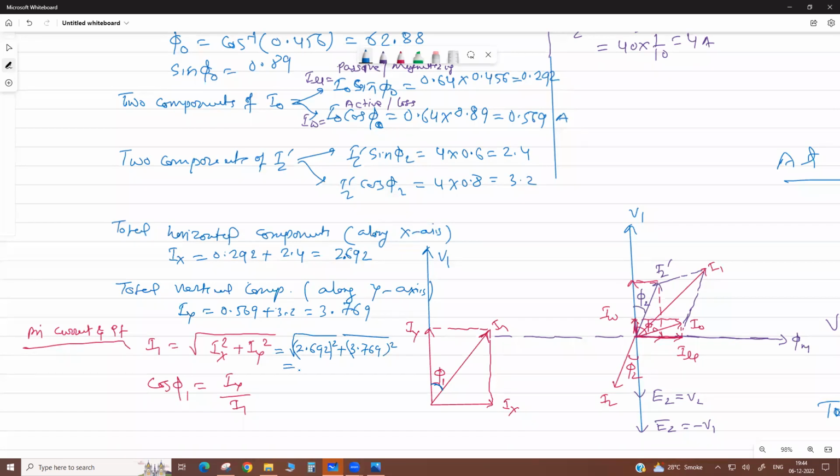This comes 4.63 ampere. And this will come Iy is 3.769.